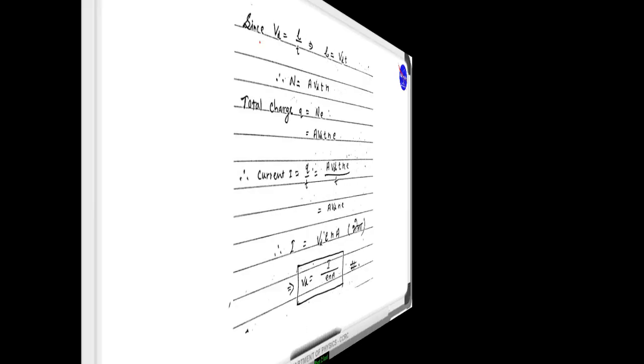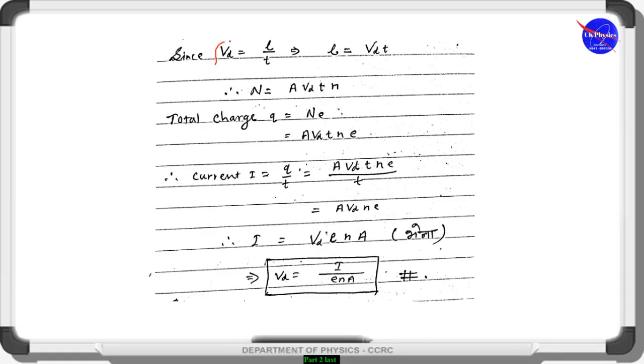Since we know that the drift velocity is given by L by t, because suppose this is a conductor and L is the length of the conductor. Suppose this is the electron. This electron comes out through this end in a time t. Then obviously you can define the drift velocity for the electron as d by t, meaning L by t.